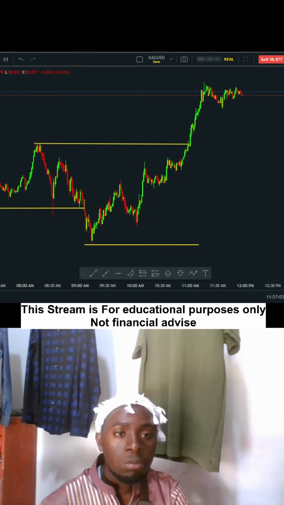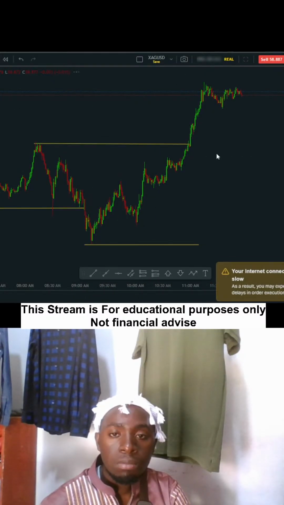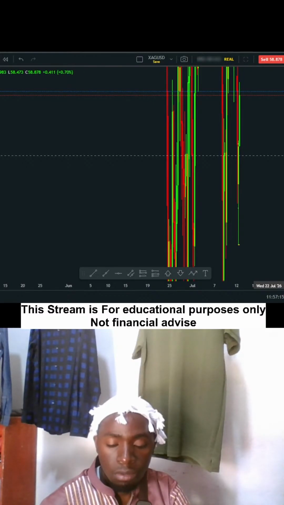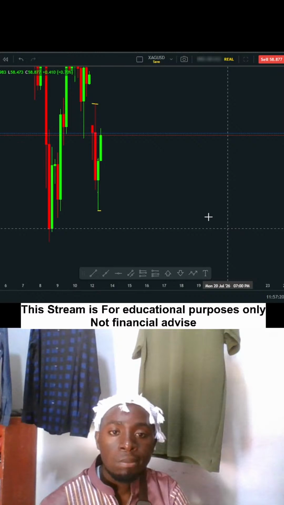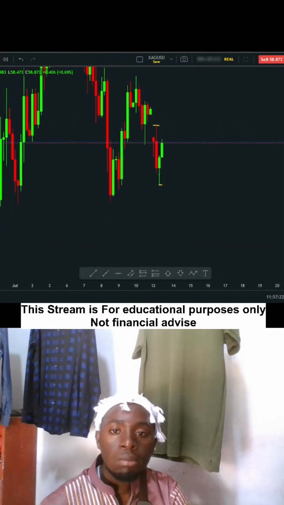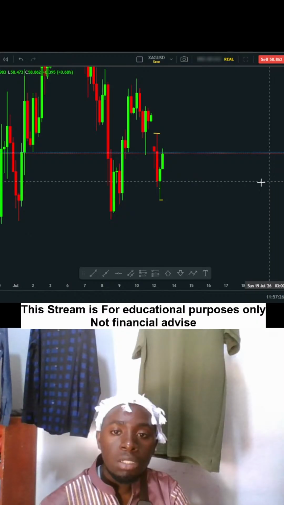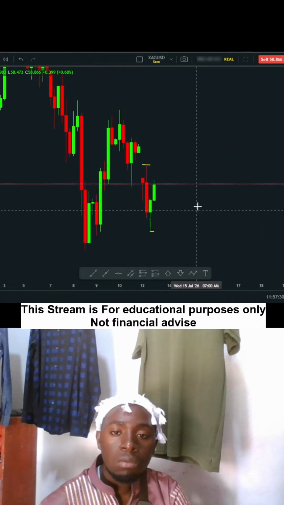But what's the bias on the higher time frame? Before you can get your entries on the lower time frame, it's always good you know the bias of the market. Currently, the market is showing that pull back up.